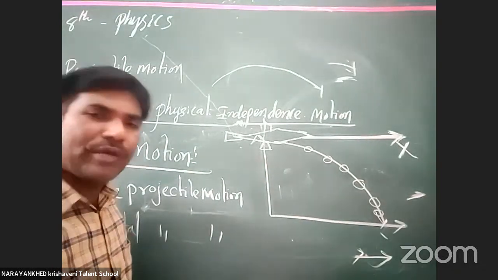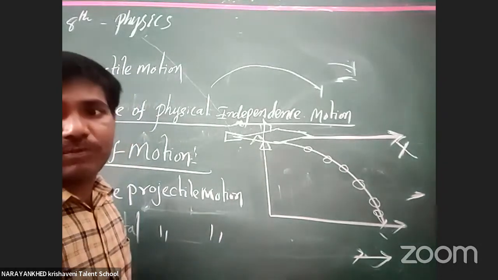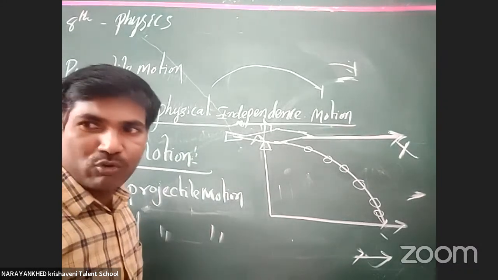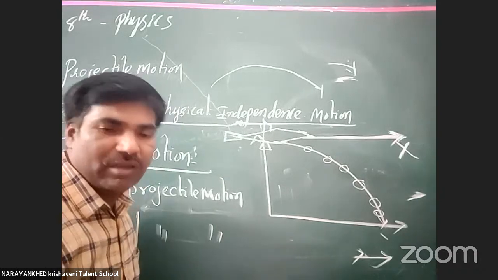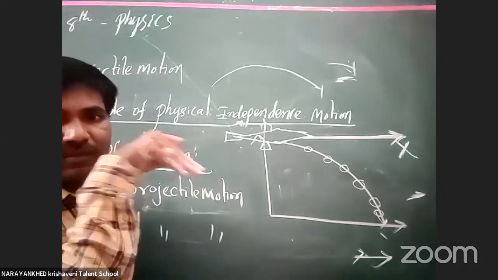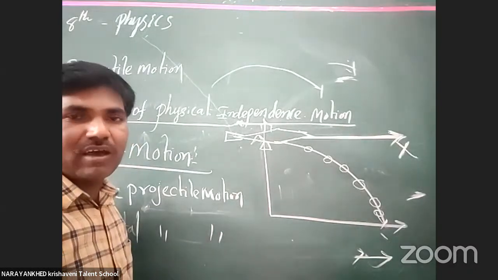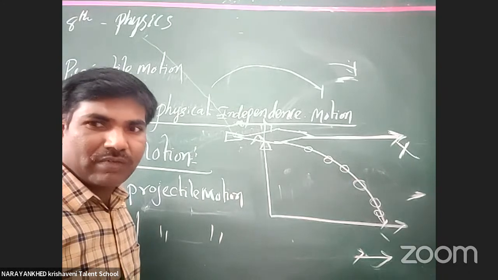Clear or not? Here also two components are there, but which type of body will it be? It totally depends on the horizontal motion only. The body is moving, first of all, with initial horizontal motion, and after that we consider the projectile nature. Clear or not? Along the x-axis or parallel to the x-axis, we consider the body. The body is a projected body.